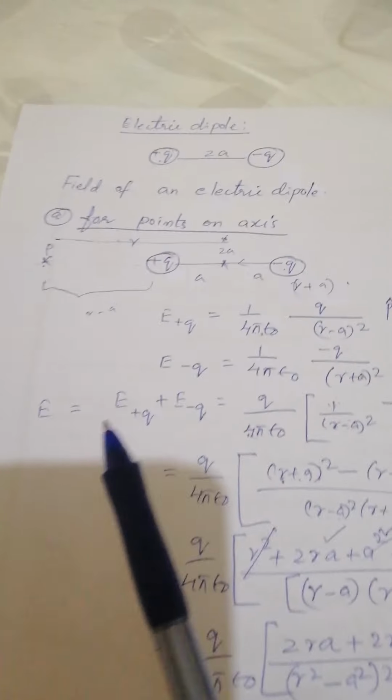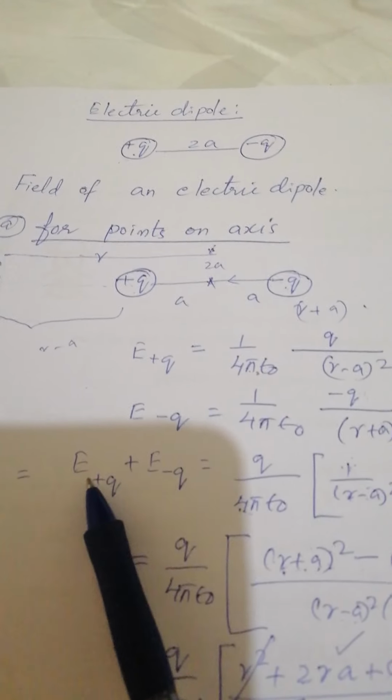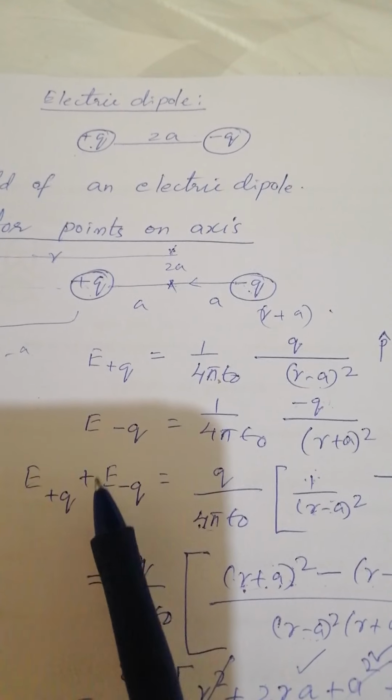So the total electric field E is equal to E plus q plus E minus q.